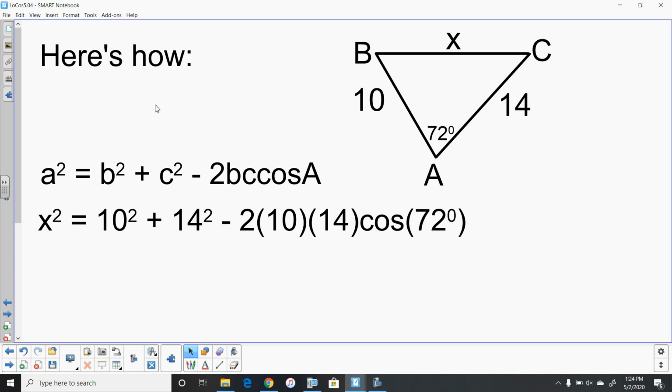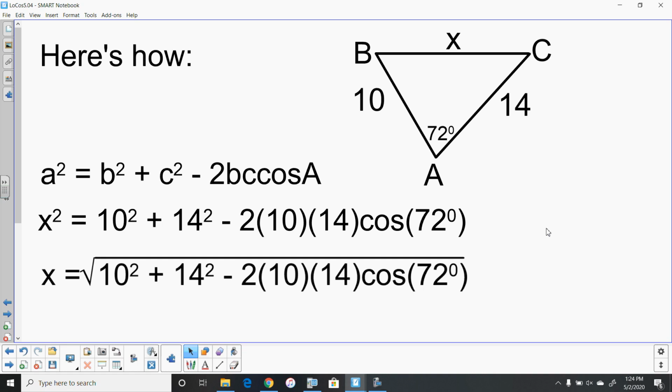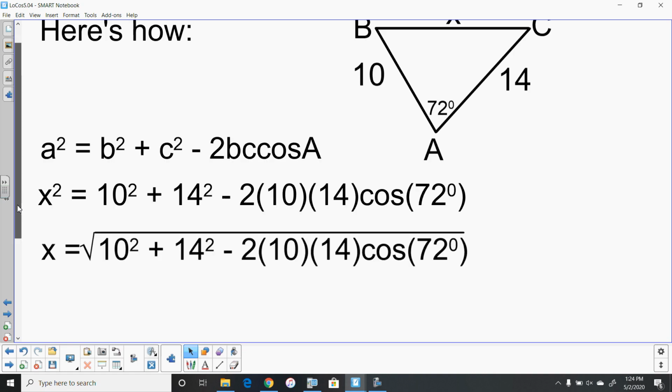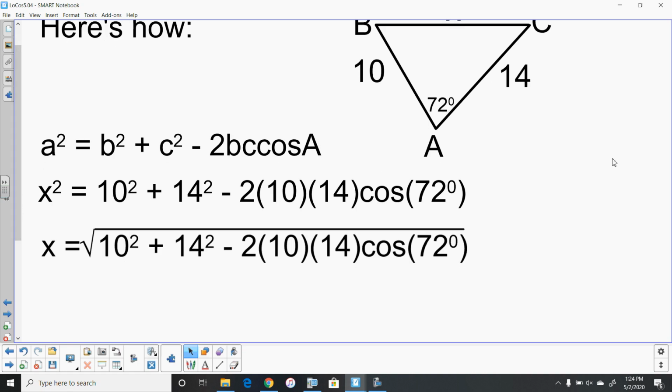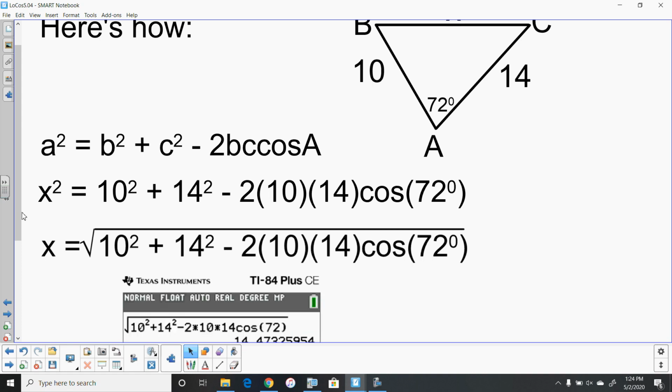How do you go from x squared to x? You take the square root. You can take the square root of that entire expression in one step on a calculator. If you're using a slightly less sophisticated calculator, you might have to do it in a few steps and write things down. But the actual math happening here isn't too involved.